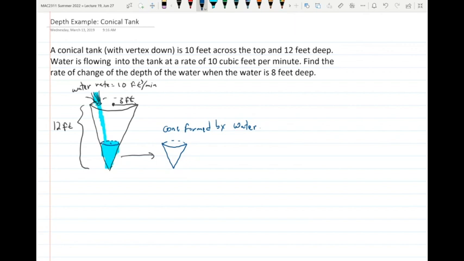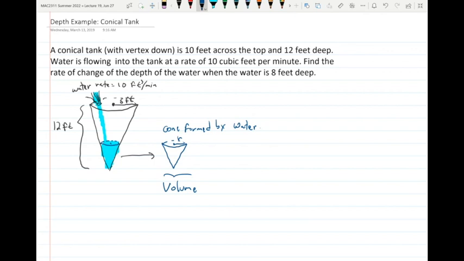Do you understand this? So now, what are the relevant quantities here? The radius of this, right? We're interested in knowing that. What else is another relevant quantity? Volume, yes. What else? The height.